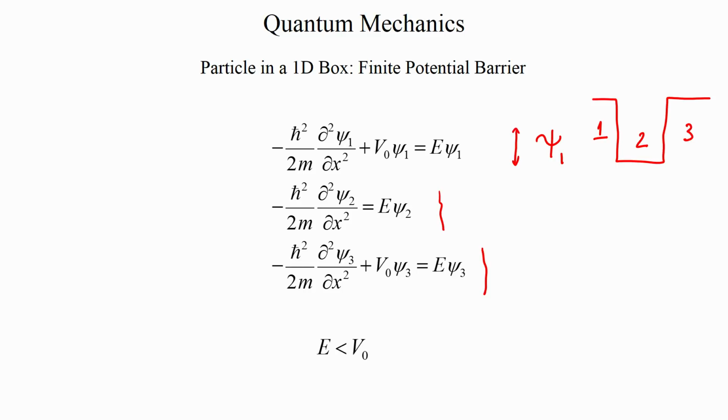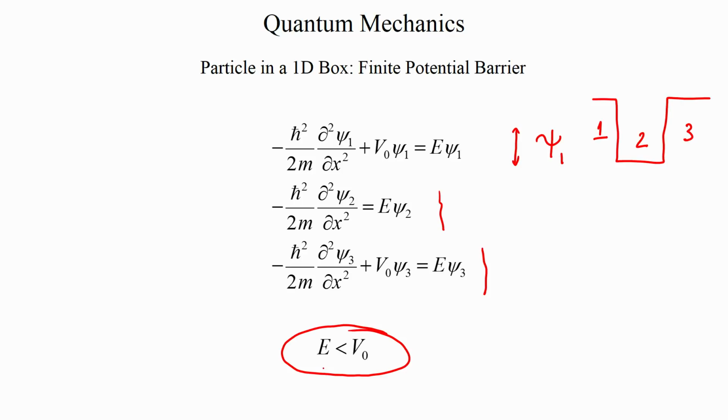Now, the first point is that let us assume that E is less than V naught. This seems to be a very difficult assumption to take in if you observe this carefully. What are we saying here?